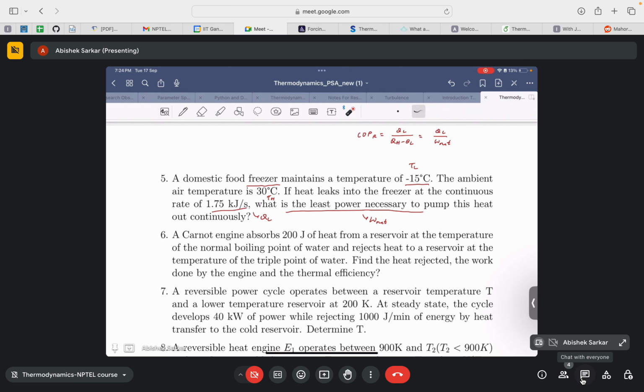Let me wait for 4 more minutes and then we can proceed. Again, take the temperatures on the absolute scale, that is Kelvin, to find out COP or efficiency.